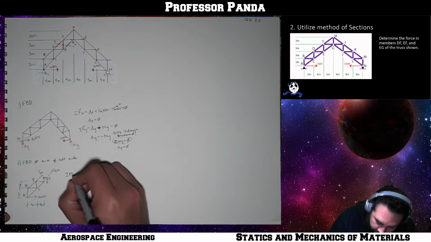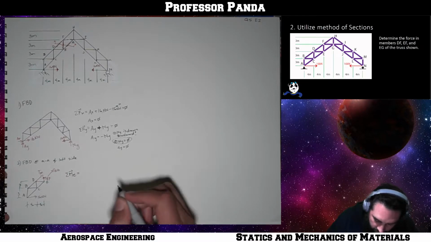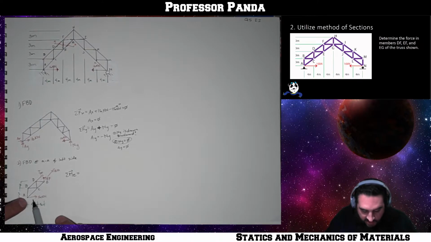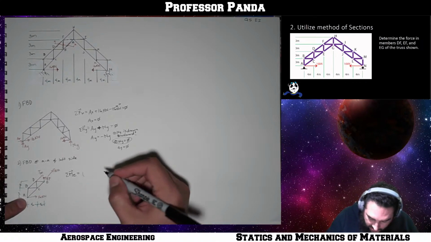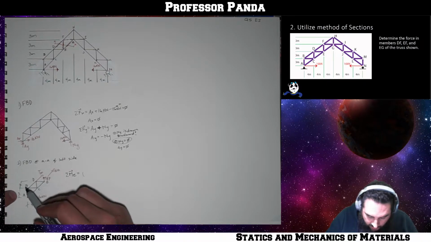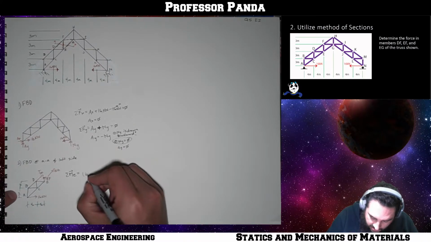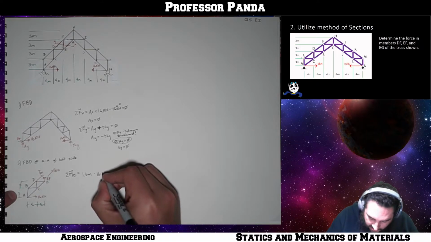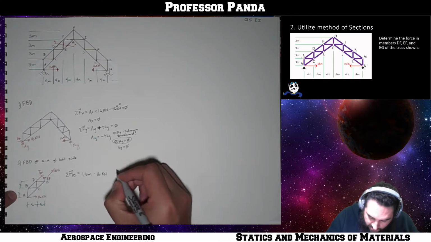Okay, I pick that point, the 16 kilonewton force will participate. So let's open parentheses, and it's going to participate at a distance of 3 and 3, 6 meters. Multiply that by 16 kilonewtons.